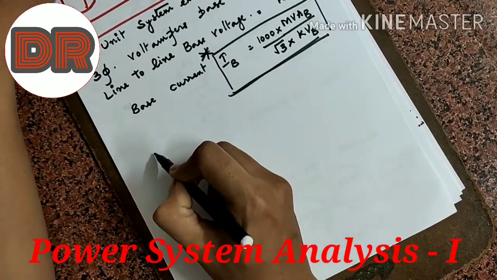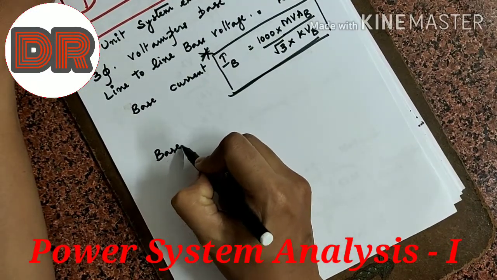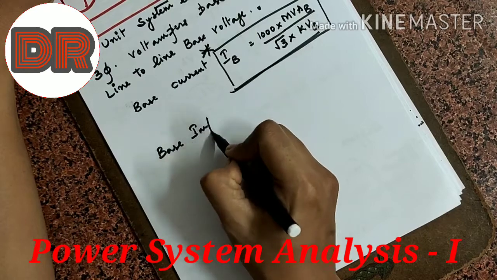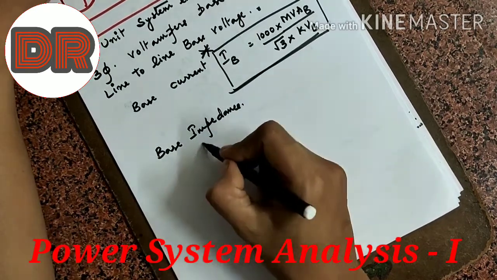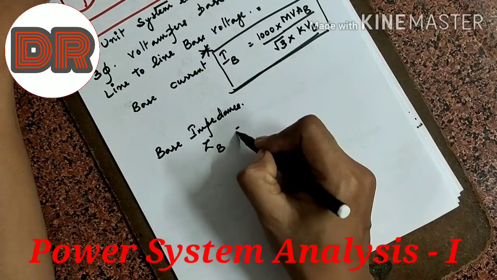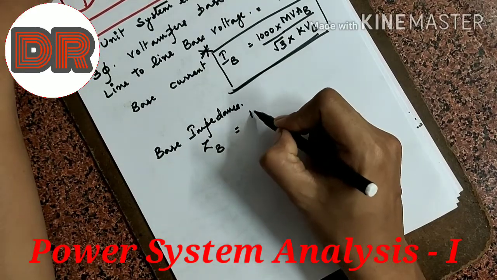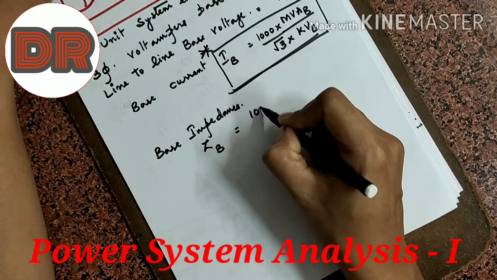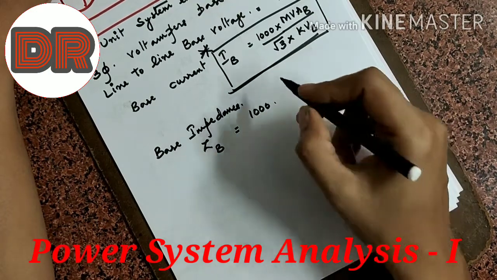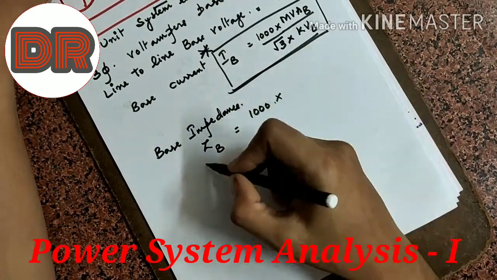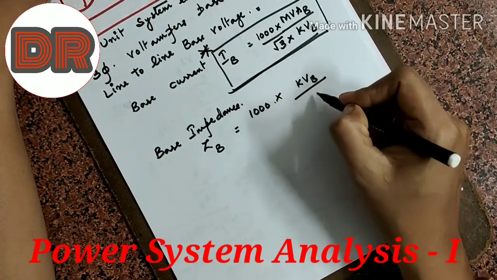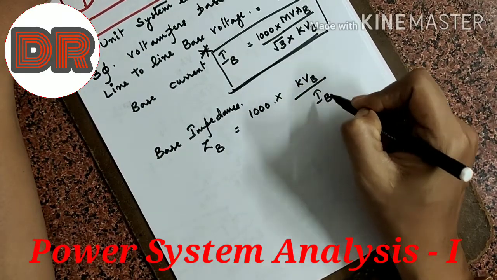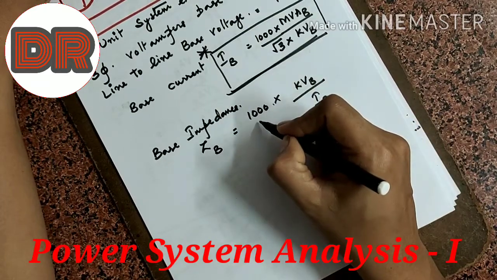Now let us go for base impedance. ZB is normally given by voltage base by current base, but this is in kilo, so I have to compensate this.